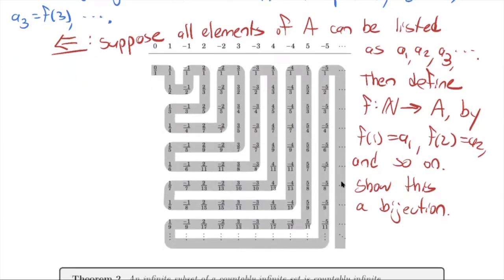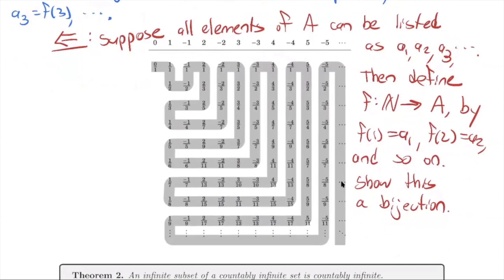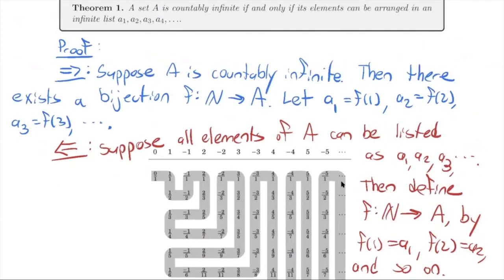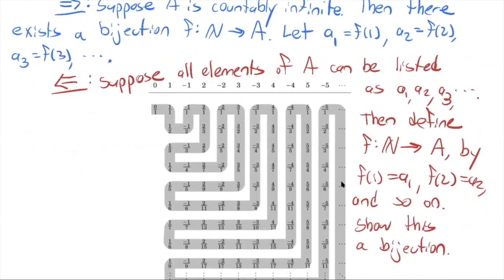The textbook does it a little differently than the way we did it last time. If we have this theorem up top, then right here we just illustrate that we can weave our way through all of the rational numbers in an ordered way. So this would be A1, and this would be A2, A3, A4, A5. As long as we show that there's a path through all of these where we can count them up, then it's a countably infinite set.